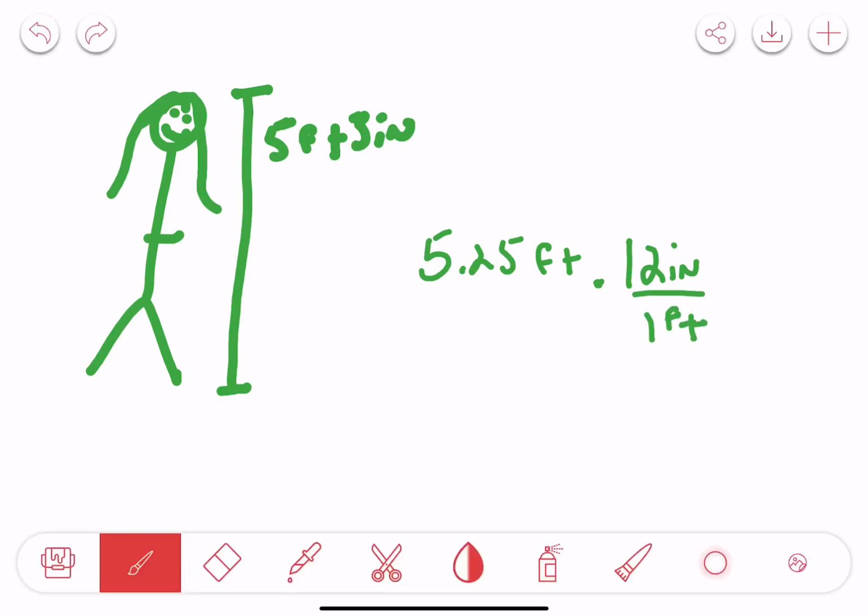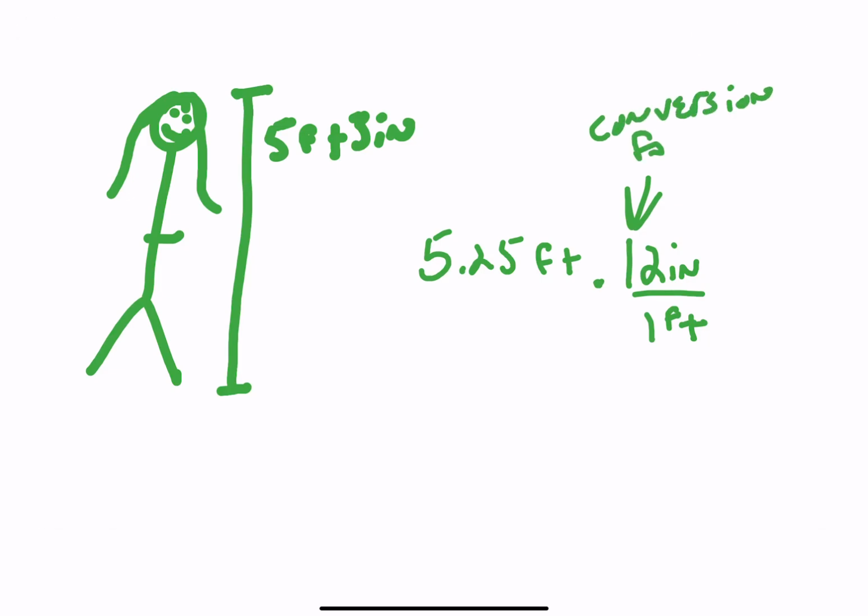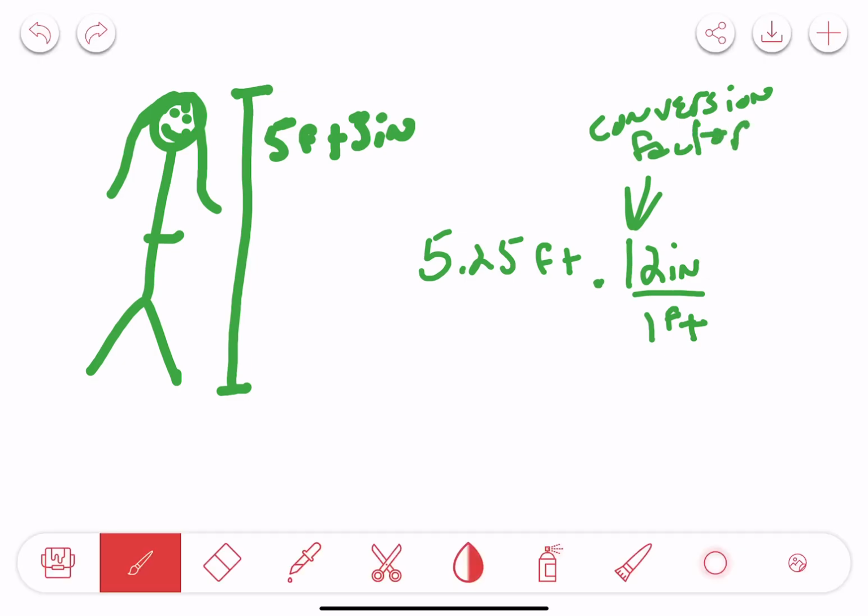And I knew I wanted to put the feet on the bottom of my conversion factor because I want the feet to cancel. So now I can multiply this fraction straight across, and I'm going to use my calculator to help me. 5.25 times 12, and I get 63 inches.